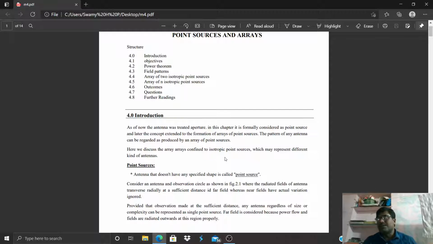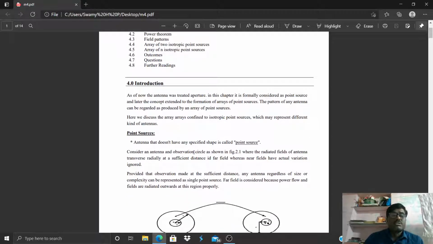Depending on that manner of connection, you can use different kinds of antennas. So now, point source.